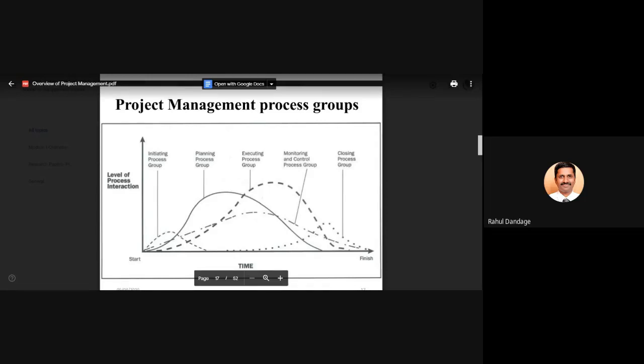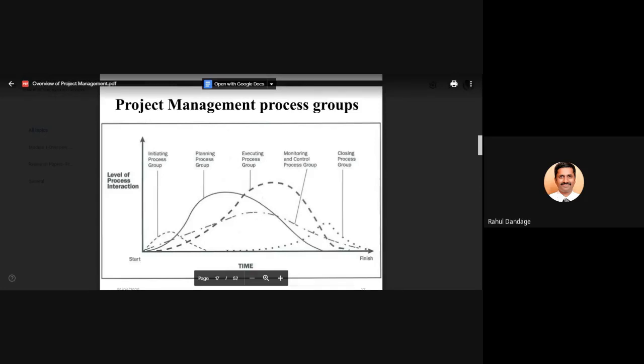Then if you go to the fourth, that is the monitoring and control process group, you can see it also starts when the project begins, at the starting point. It is indicated by a dash and dot line, and it has a limited amount of process interaction. This group starts from the start of the project and runs up to the finishing point of your project's life cycle.